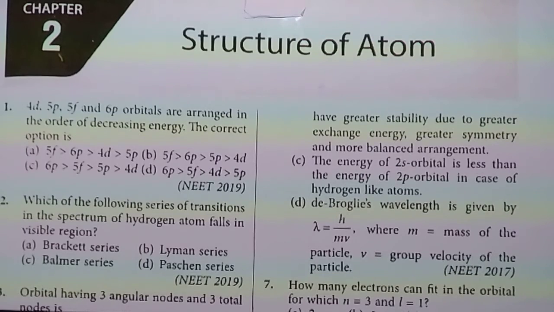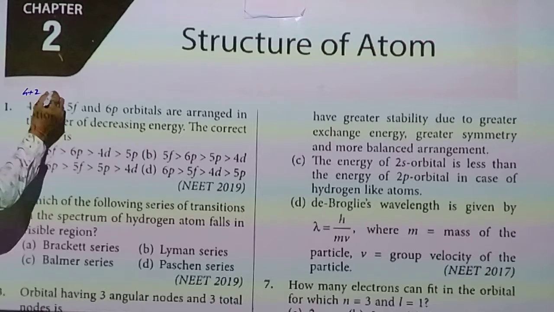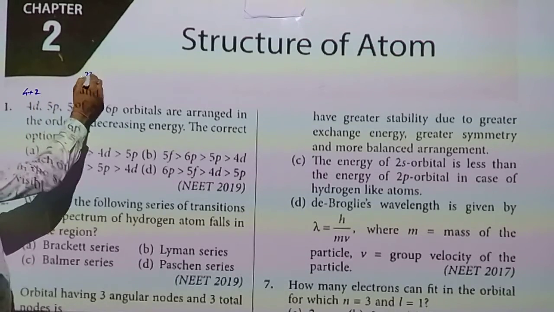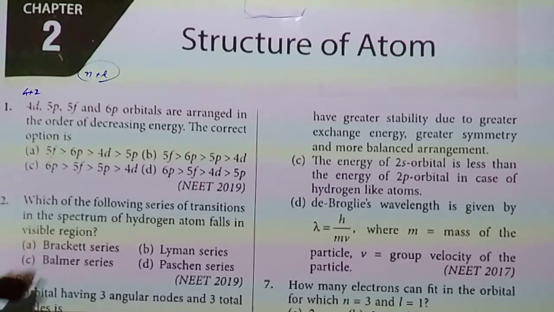4d, 5p, 5f and 6p orbitals are arranged in the order of decreasing energy. Find out the correct option. For 4d, yes, the energy of the orbital depends upon the n plus l value.